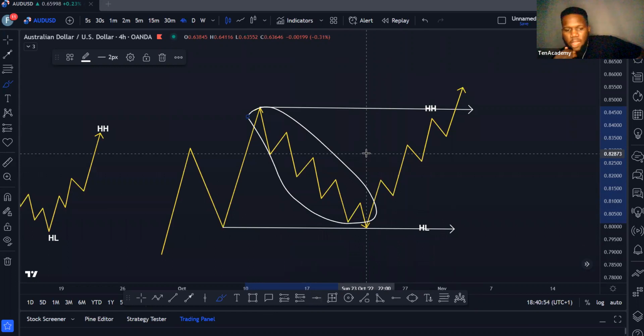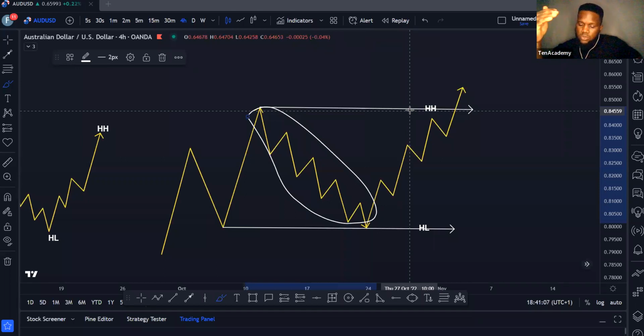Minor structure helps you to know the reversal areas in a major structure. The reversal areas in a major structure are your higher lows and higher highs.